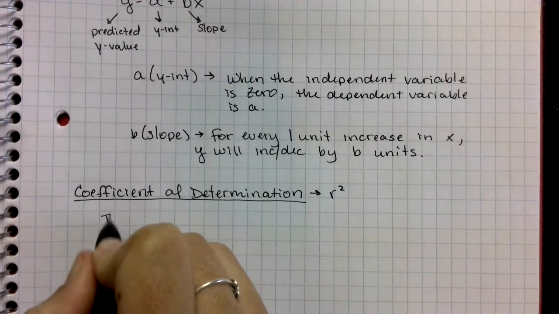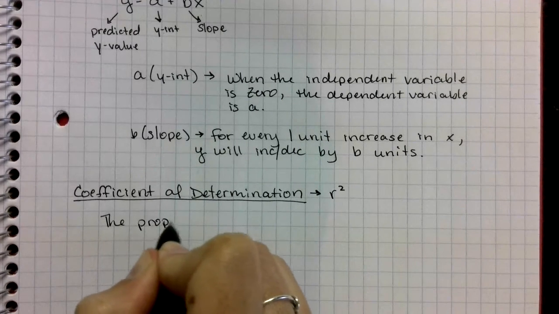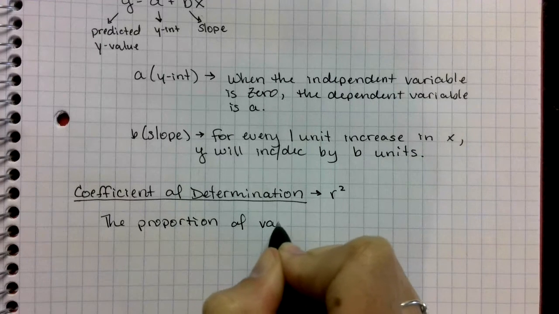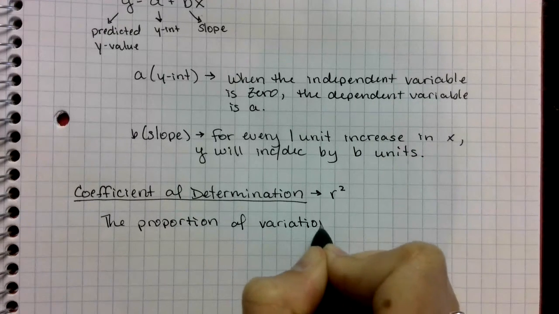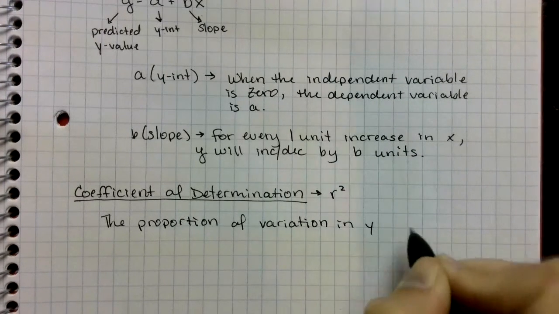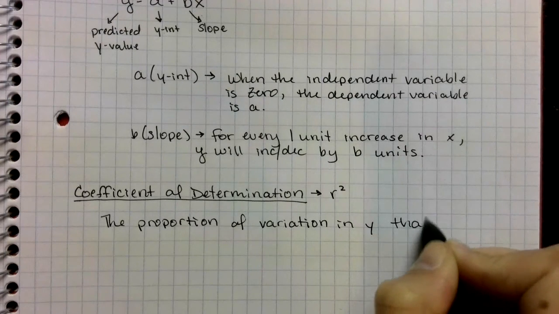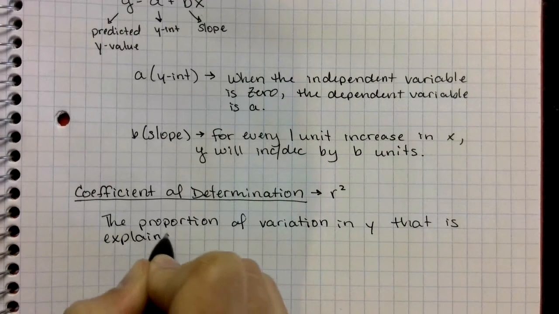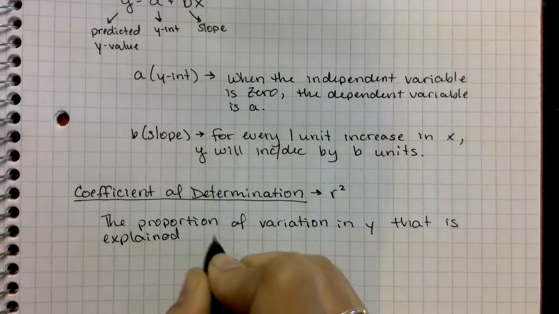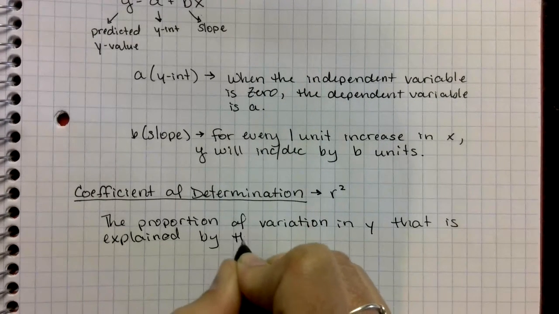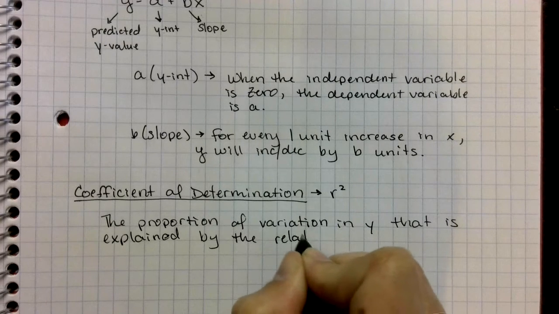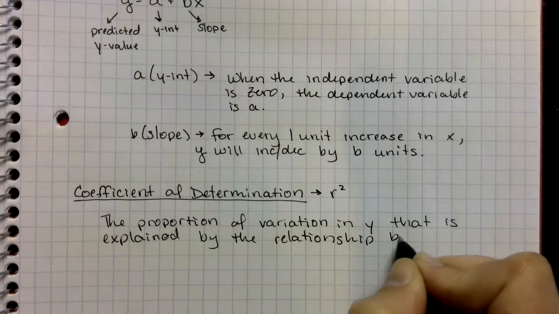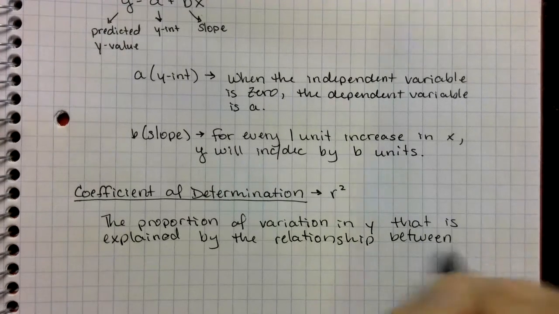What this gives is the proportion of variation in y that is explained by the relationship between x and y.